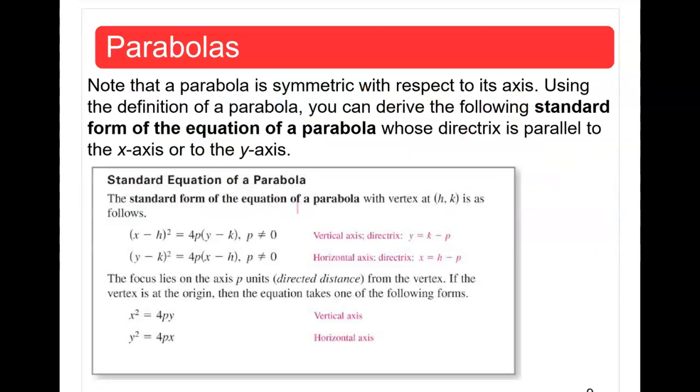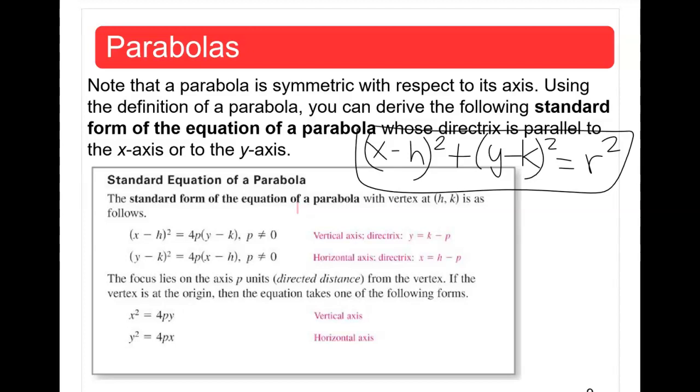Using the definition of a parabola, you can derive the following standard form of the equation of the parabola whose directrix is parallel to the x-axis or to the y-axis. So just like the circle had that equation, (x minus h) squared plus (y minus k) squared equals r squared, remember that was for the circle.